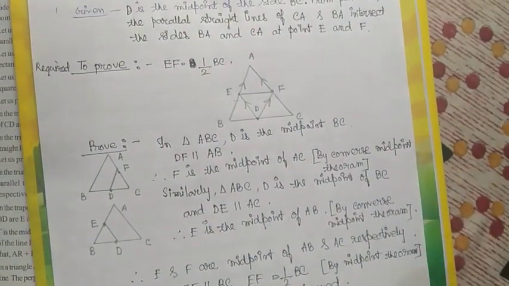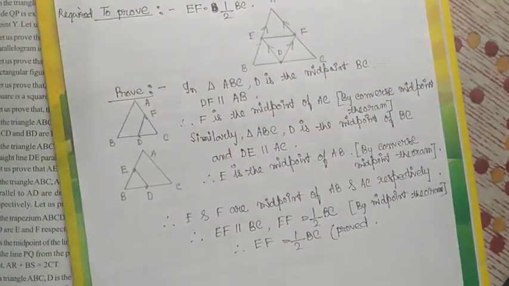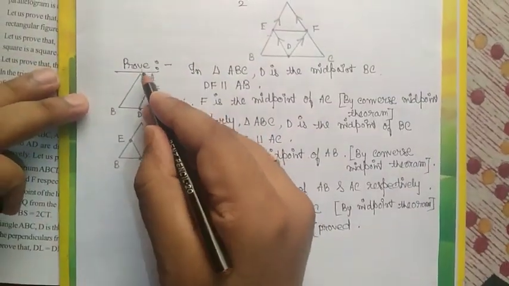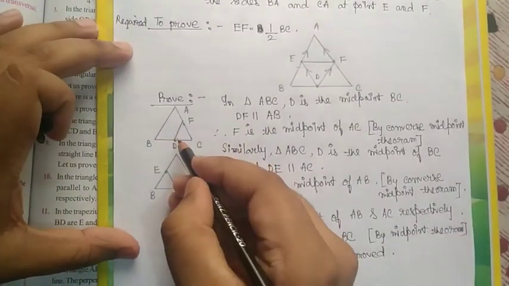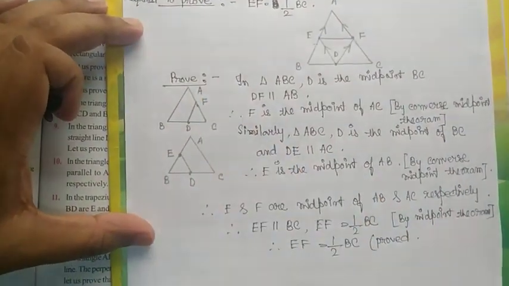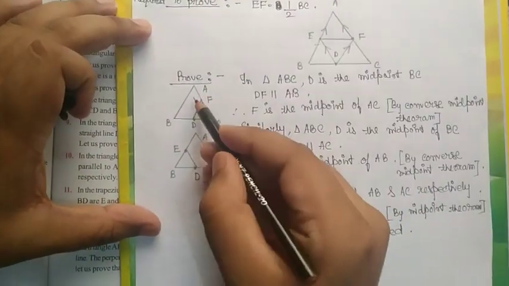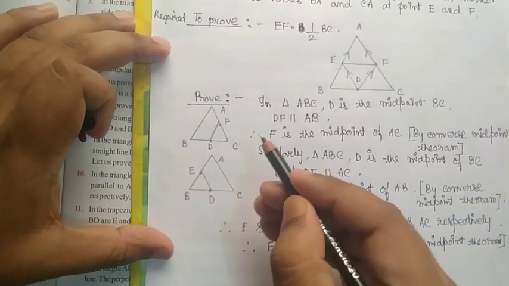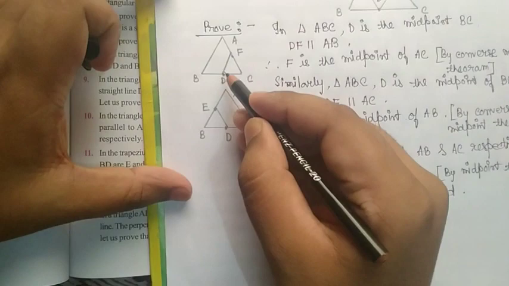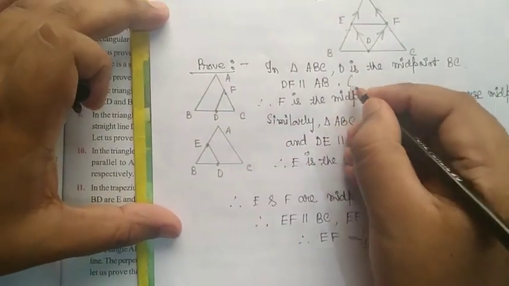So now here to prove. In triangle ABC, now look at this triangle. In triangle ABC, D is the midpoint of BC and DF parallel AB. Both of these are given.